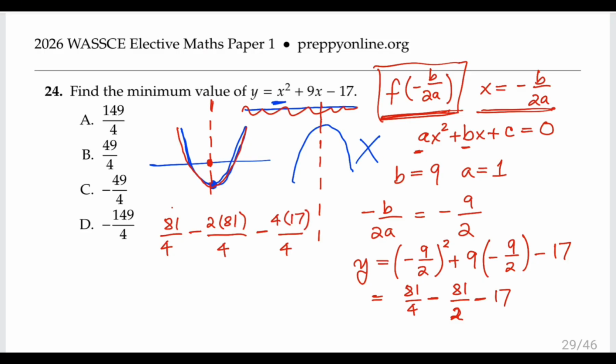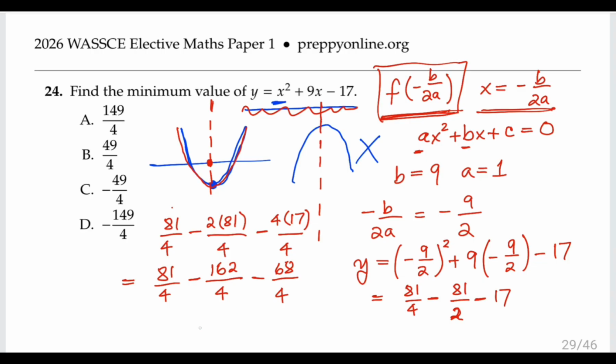All right, so we have 81 over 4. Okay, let's simplify that. This is equal to this minus 81 times 2 is 162 over 4. Then we have 17 times 4 is 68. So 68 over 4. All right, so we have to do some subtraction. Let's see.